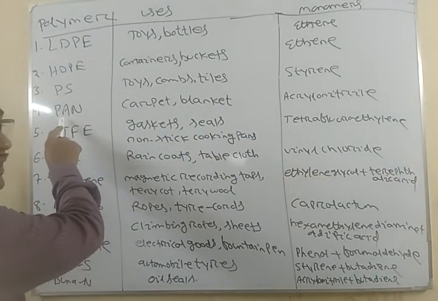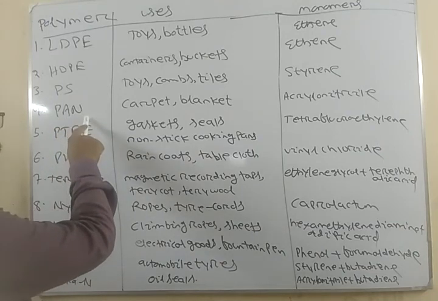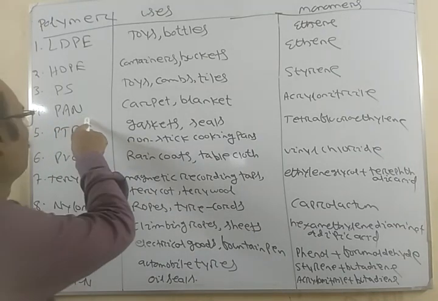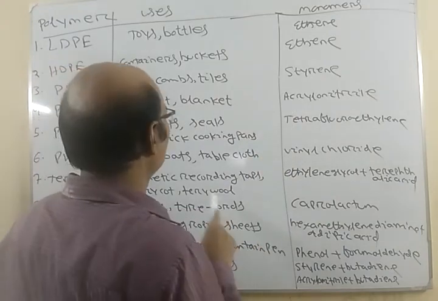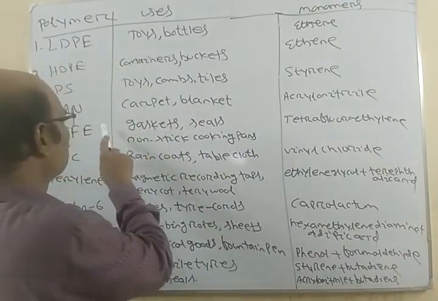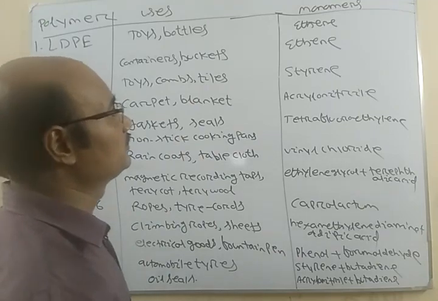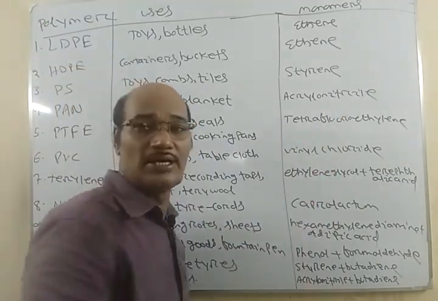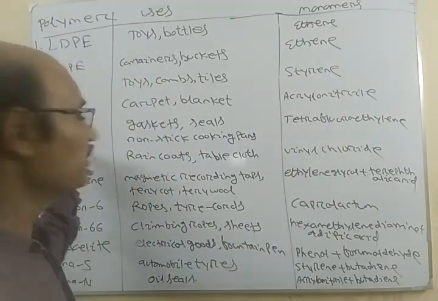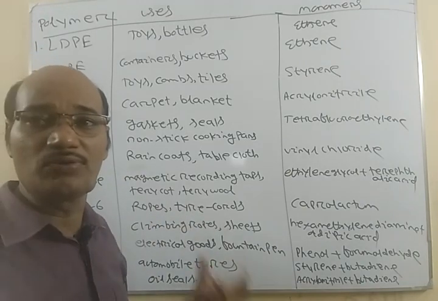PAN, polyacrylonitrile, or acrylan, is used to manufacture carpets and blankets, and the monomer is acrylonitrile. Next is PTFE, polytetrafluoroethylene.